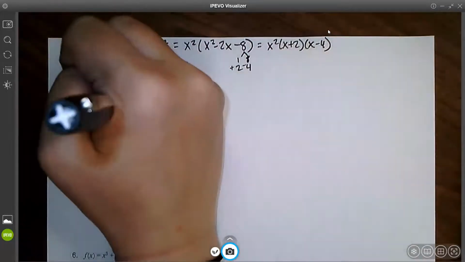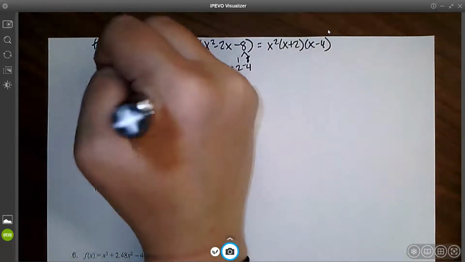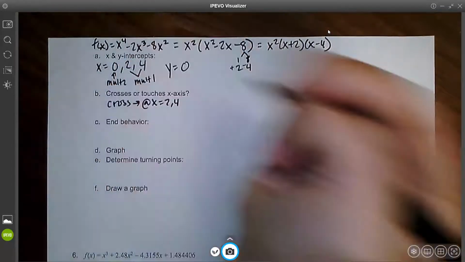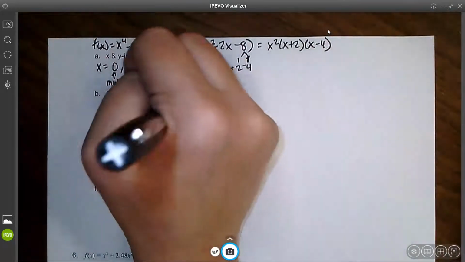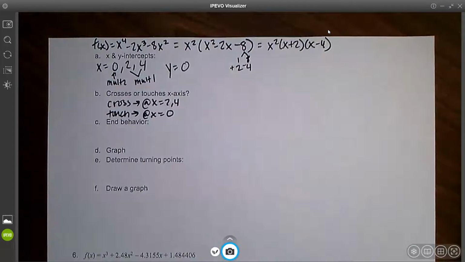We will cross the x-axis at x equals 2 and 4, and we will touch the x-axis at x equals 0.